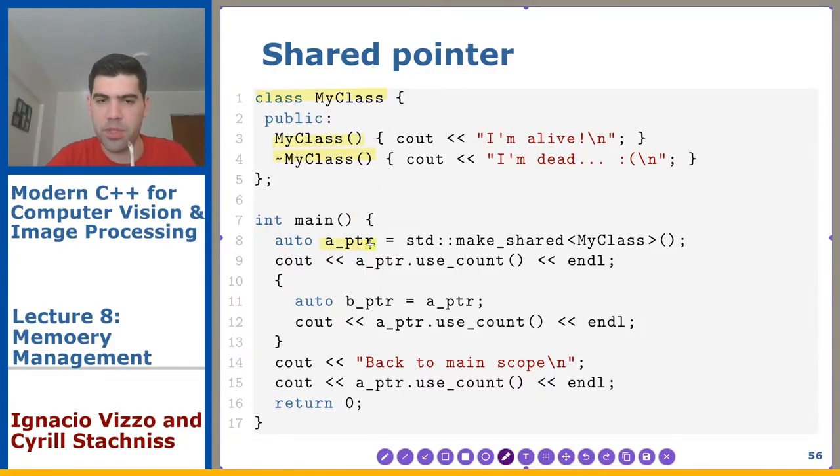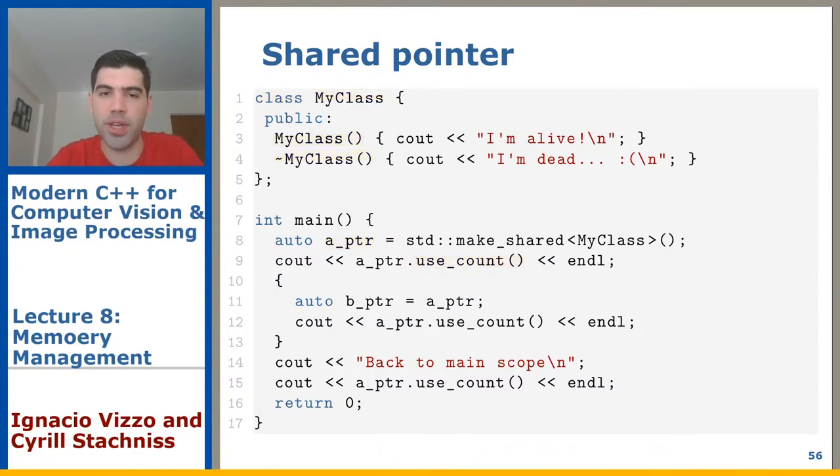So we have a shared pointer, and then you call make_shared with my class and the default constructor. This will allocate memory in the heap. And then this shared pointer has a use_count method, so you can actually see how many are accessing it.